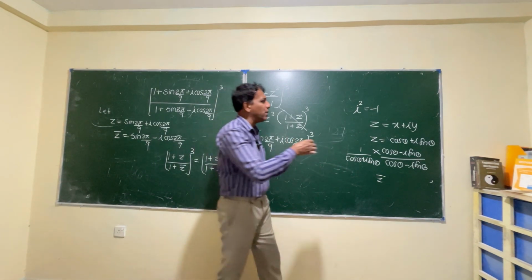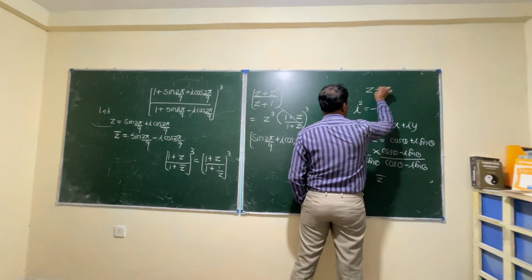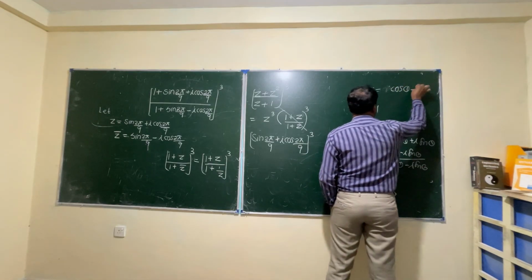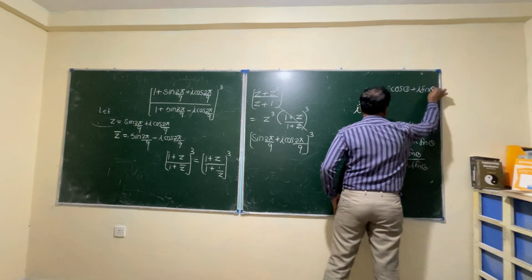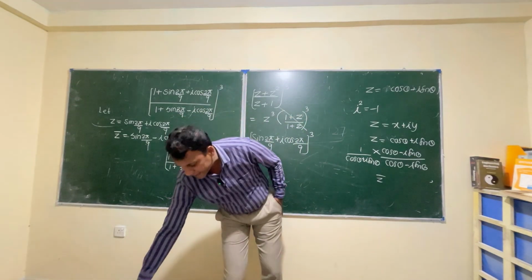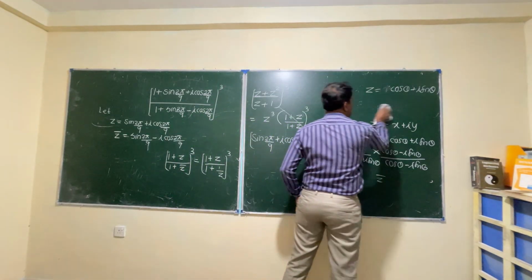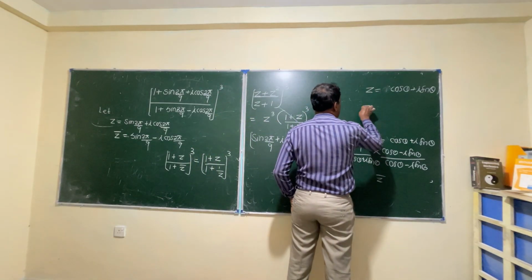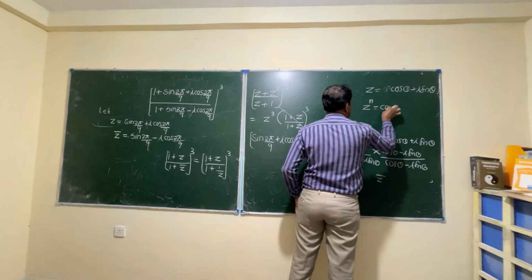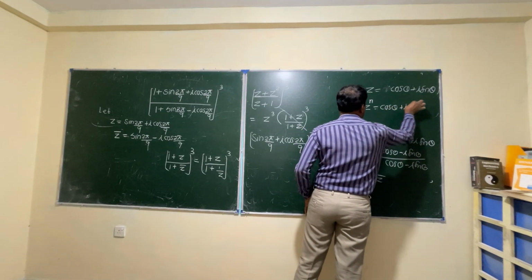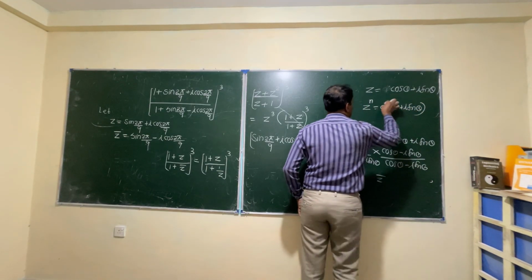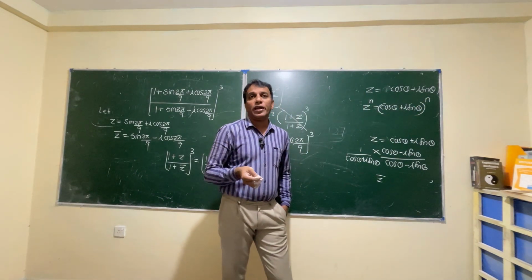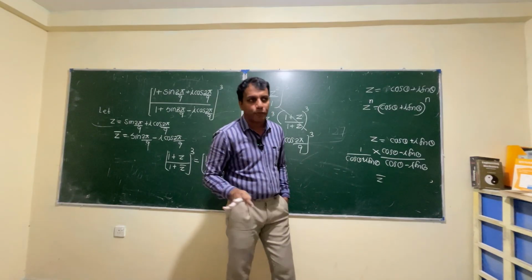De Moivre's theorem, students. If a complex number comes in the form z equals r (cos theta plus i sin theta), then what is z to the power n, that is (cos theta plus i sin theta) completely to the power n? n can be a rational number, irrational, negative, positive, fraction, whatever.